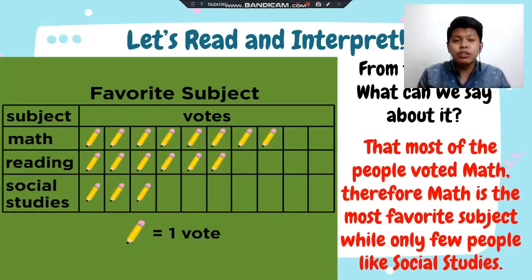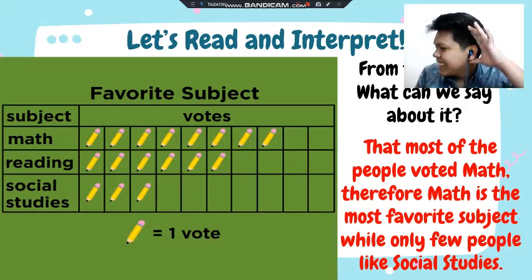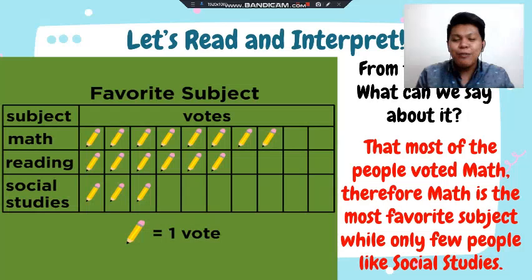What was the result or the outcome of the pictograph? Just like in our screen, we know now that out of 17 people, math was their favorite subject and the least favorite one was social studies. We interpreted the pictograph. Was that easy? Great. From the pictograph itself and answering the questions, you read and interpret already.